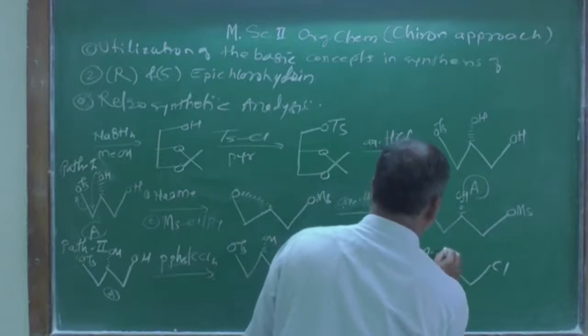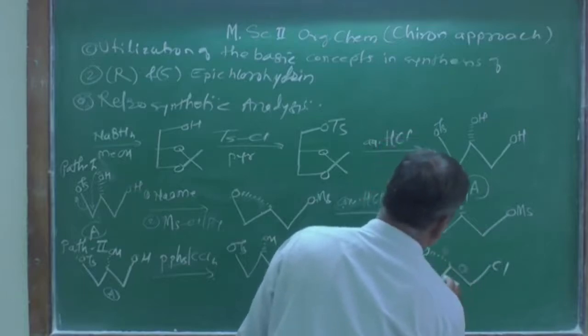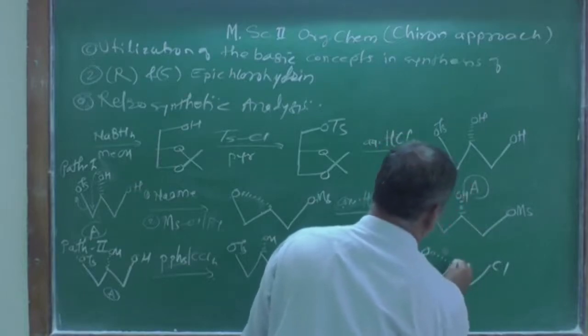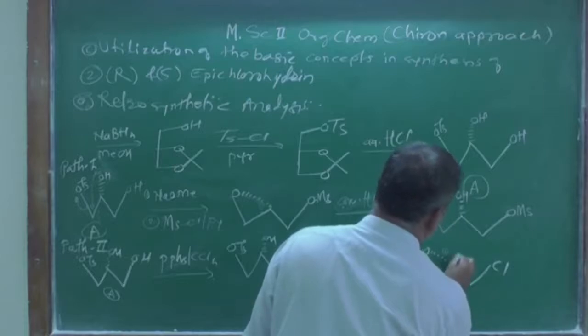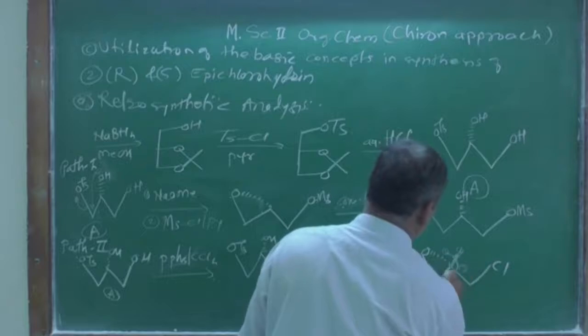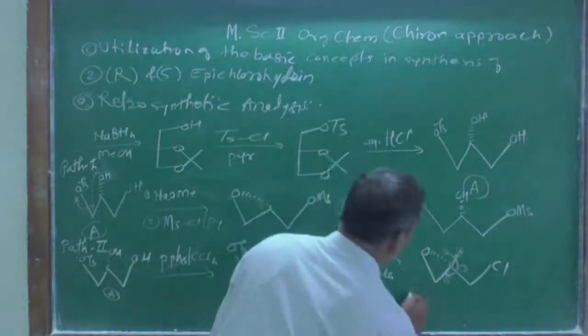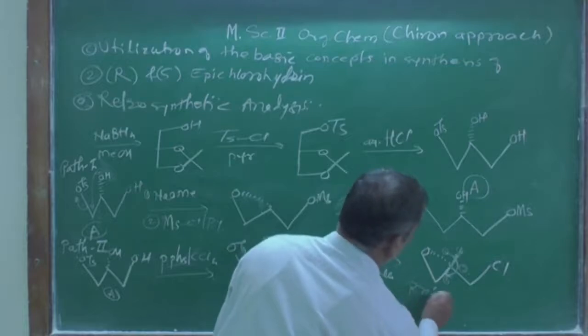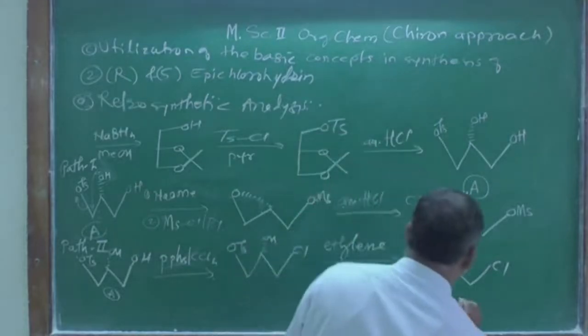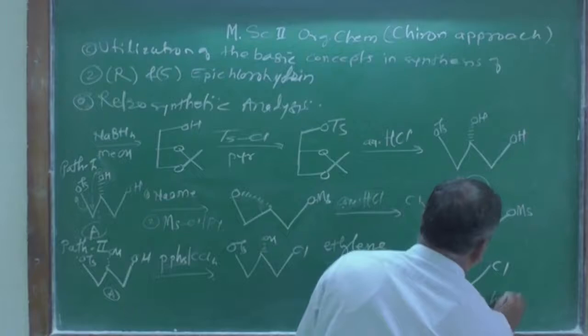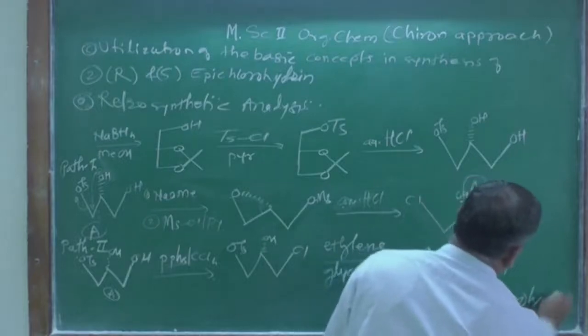Again this is first one, second one, third, and fourth one is a hydrogen atom here, right? Hydrogen atom, fourth one, 1, 2, 2, 3. You rotate this one, what do you see over here? This is R, but actually this is an S-epichlorohydrin.